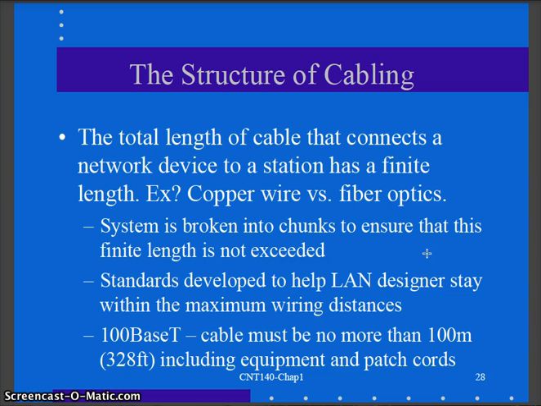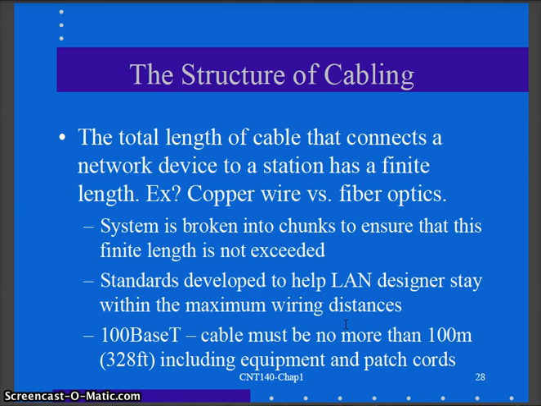All of these, the total length of the cable that connects all the network devices has a finite length. It can only go so far. If you remember back from 120, twisted pair copper cabling can only go 100 meters before it has to go into a device like a switch, get regenerated, the signal will get regenerated and sent back on its way.